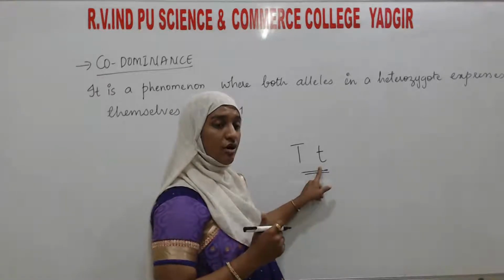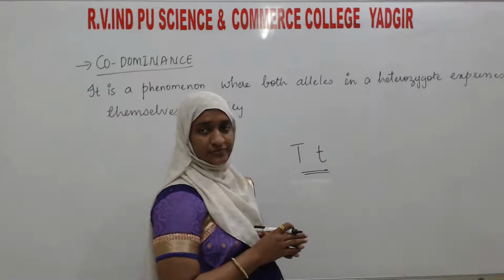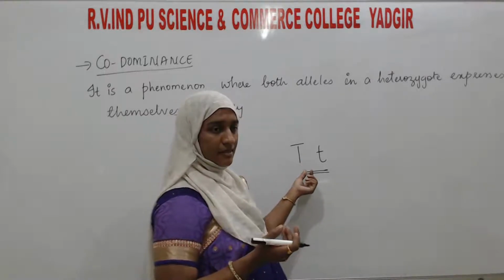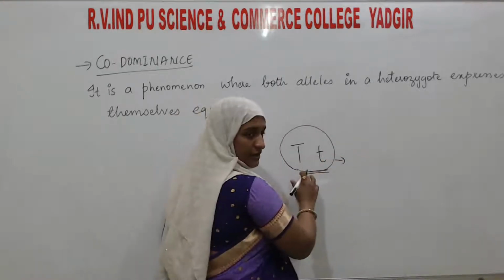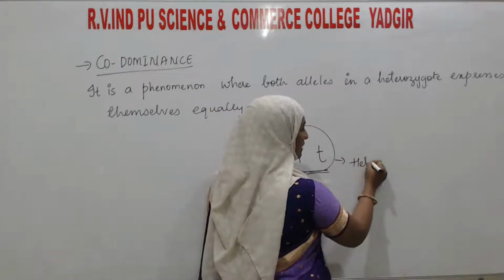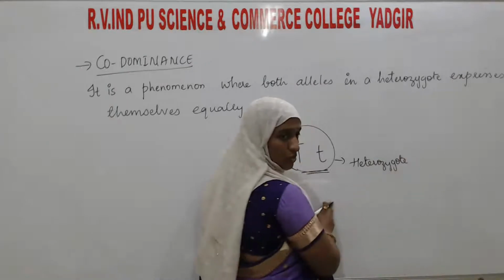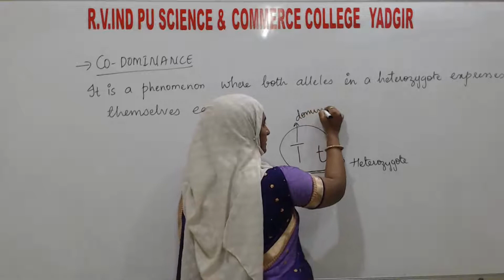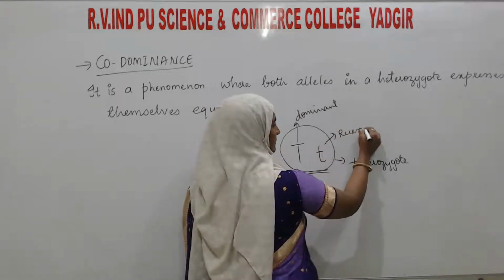But here in codominance, what happens? They both are going to express, either that is dominant or recessive. So they are in a heterozygote. Different genes are present in an allele. So we can call it the heterozygote condition, where both the alleles, this is the dominant and this is the recessive.